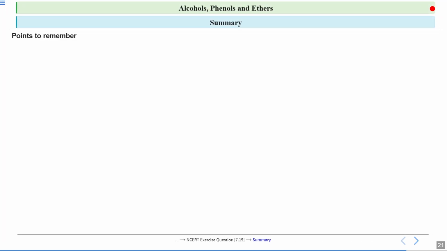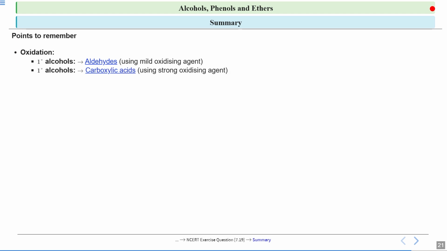Okay. Next, we talked about oxidation. In that, we talked about mild oxidizing agents and strong oxidizing agents. So, primary alcohol will form aldehydes using a mild oxidizing agent like CrO3 or PCC, and your primary alcohols will directly oxidize to carboxylic acid if you are using strong oxidizing agents like KMnO4.